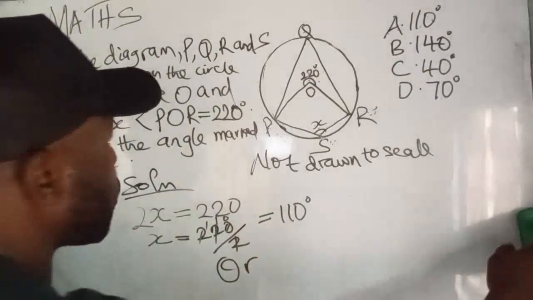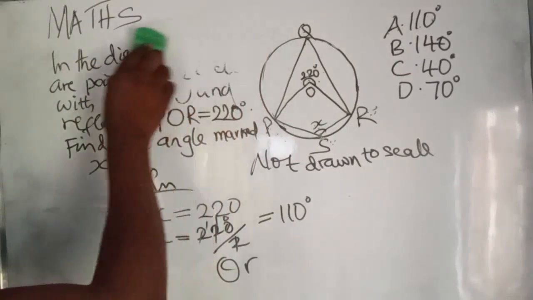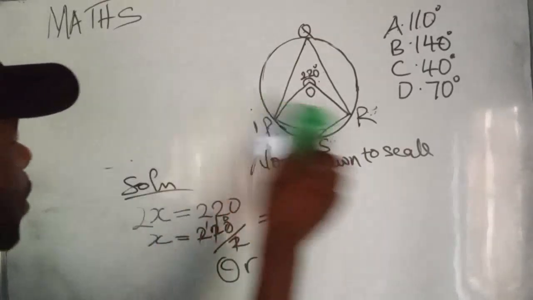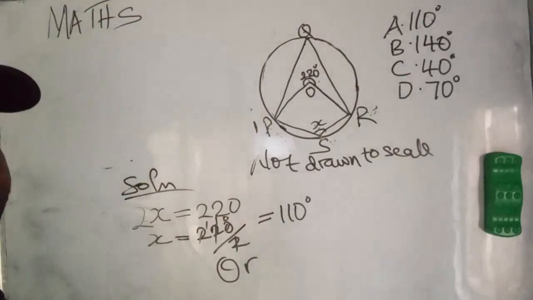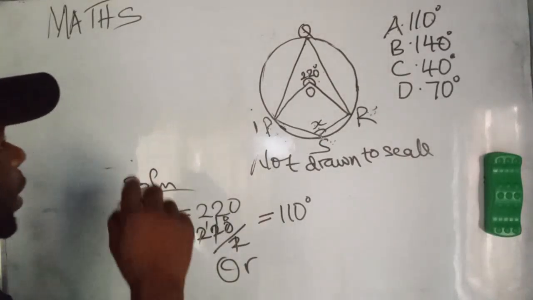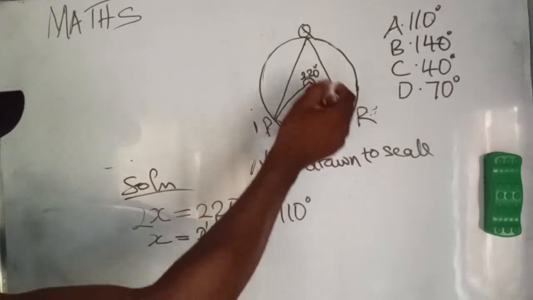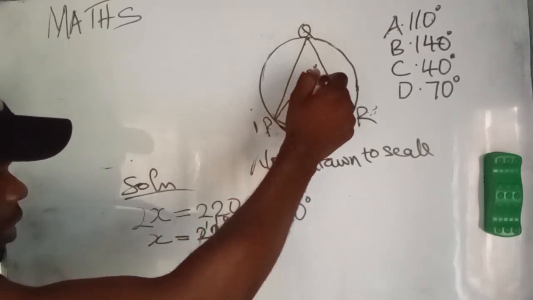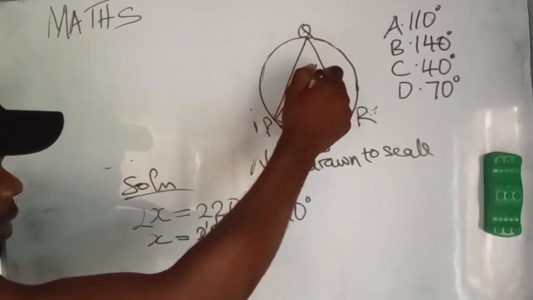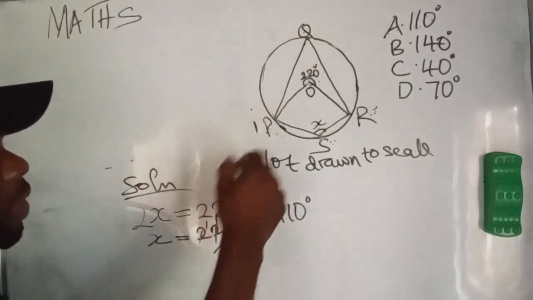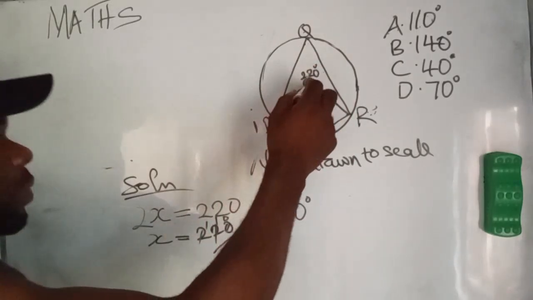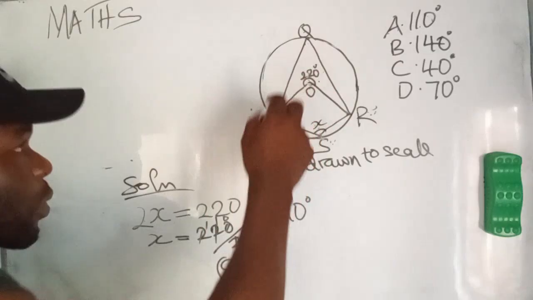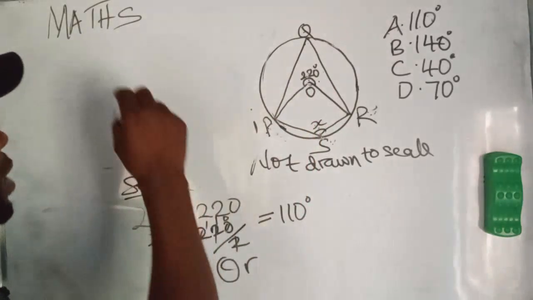Or, if you don't want to do it like this, you can still do it this way. Look up guys. This angle here can come down to this place, to get the inside of this place, it has completed the circle, which is 360 degrees.